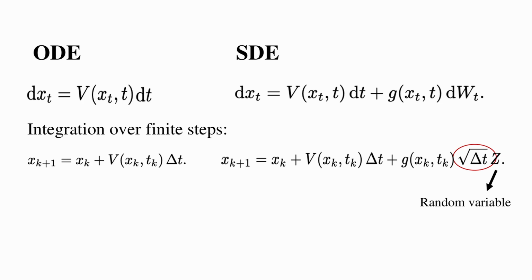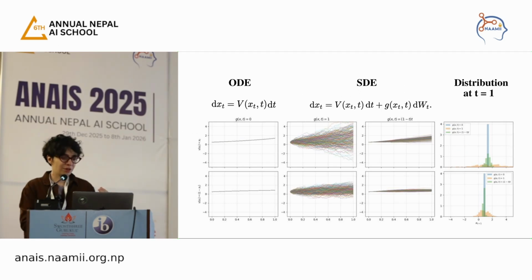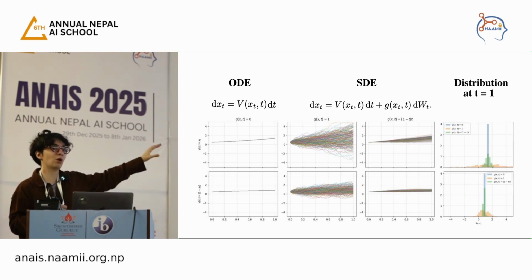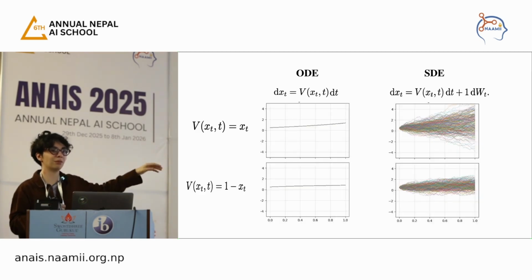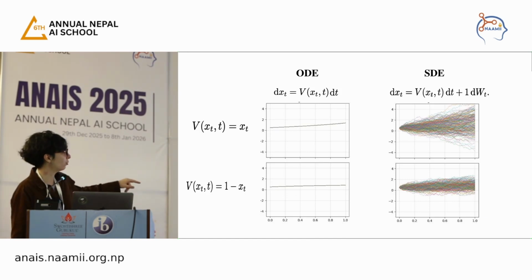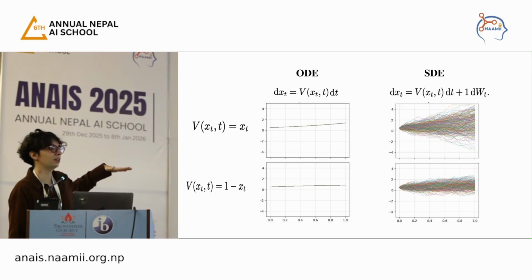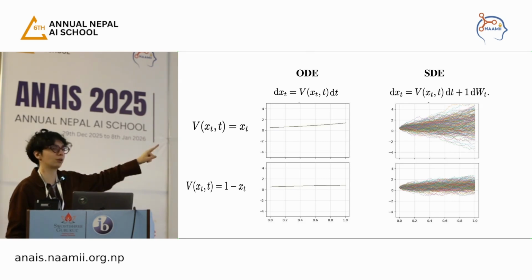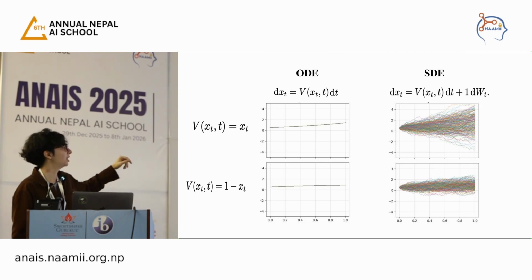Okay, so let's get some intuition into how ODEs and SDEs differ from each other. So, for example, in this case, I'm presenting two different ODEs with the same noise added, which is 1 times dW_t, which for now, if you just think of it as adding random noise, is good enough. So what we notice is that in the case of the ODE, because dx_t = x_t dt is just an exponential, the curve we'll draw looks like an exponential.